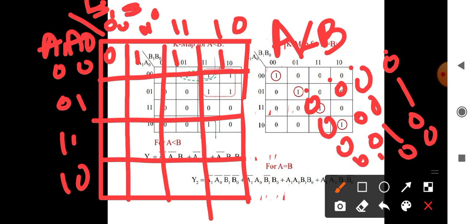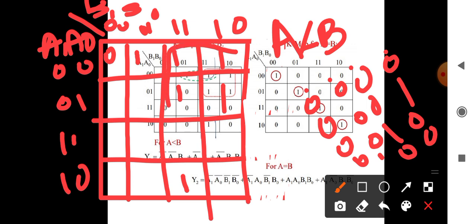Next, similarly if you draw, we get 1 for 0111 and 0110. Next one, 1011. There also we can map. So you just see here, we can map it like this.